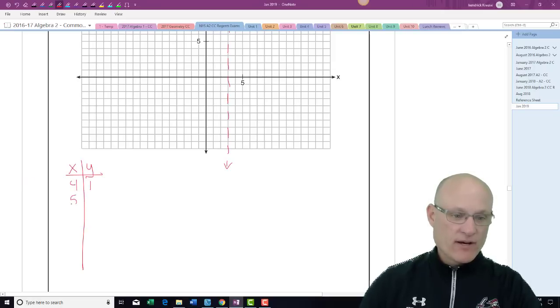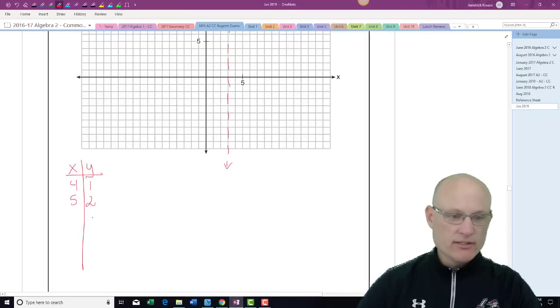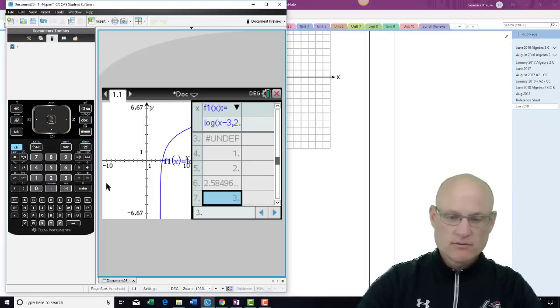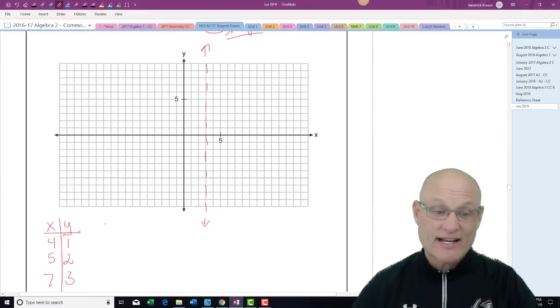But I'm going to put these on here. 4, 1, 5, 2, 7, 3, and 11, 4. So as long as I graph those, I'm good. And as long as I don't cross that asymptote.